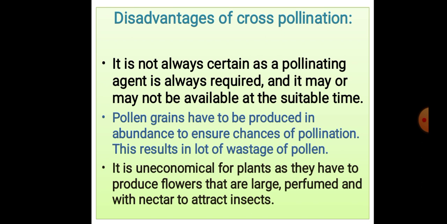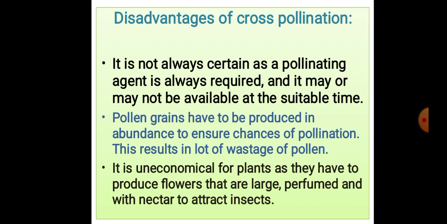Pollen grains have to be produced in abundance to ensure chances of pollination. This results in a lot of wastage of pollen. It is uneconomical for plants as they have to produce flowers that are large, perfumed, and with nectar to attract insects.